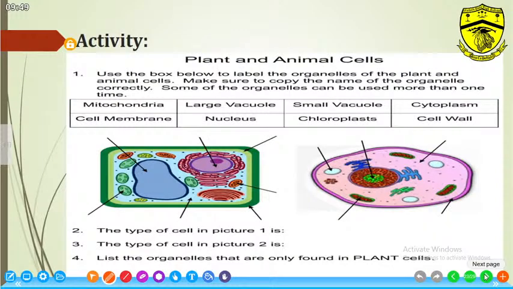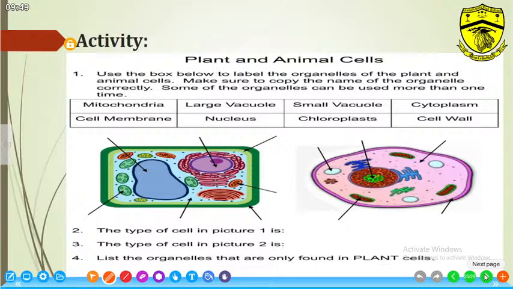Now, you see the activity here about plant and animal cells. First, use the box below to label the organelles of the plant and animal cells. Make sure to copy the name of the organelle correctly.